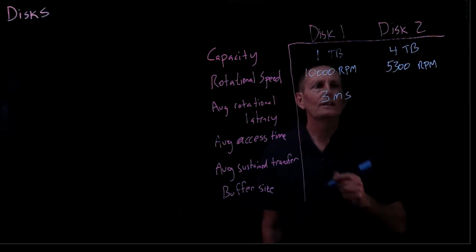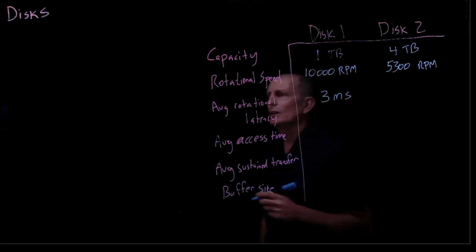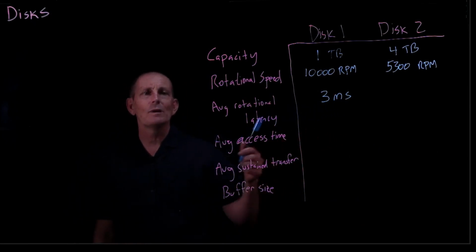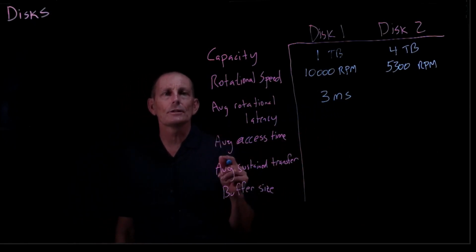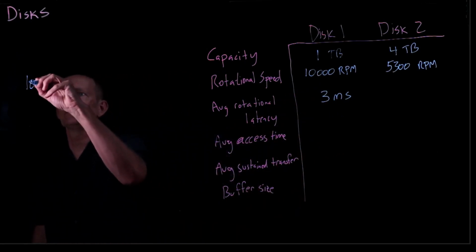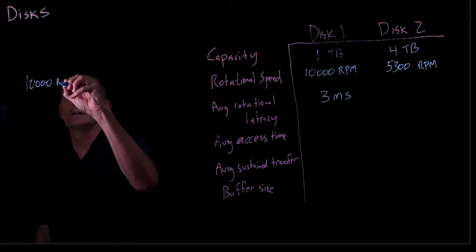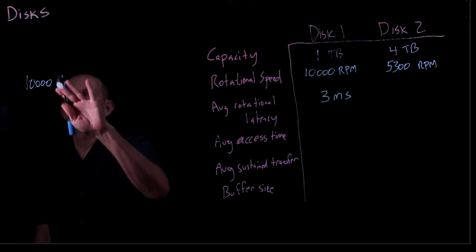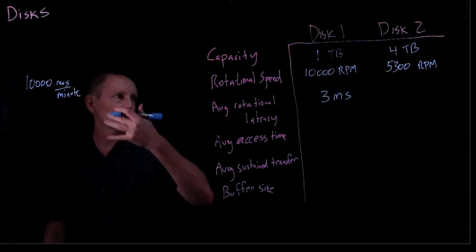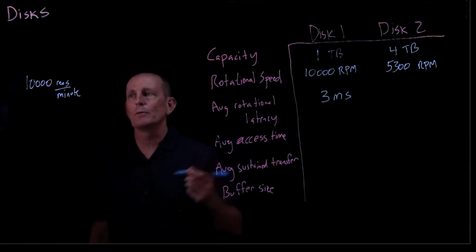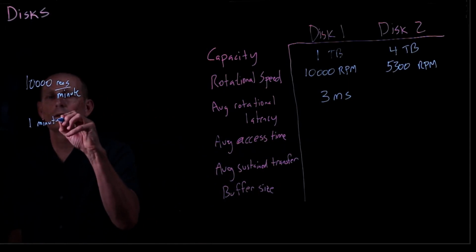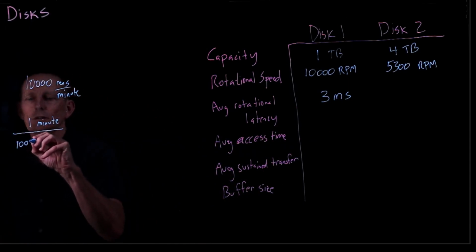This was advertised at 3 milliseconds. This is fairly easy to compute, right? The rotational latency is really how much time it takes for half a revolution. So let's convert revolutions per minute. 10,000 RPM. Let's actually swap that over because we want to get time per revolution. So we have 1 minute with 10,000 revolutions.